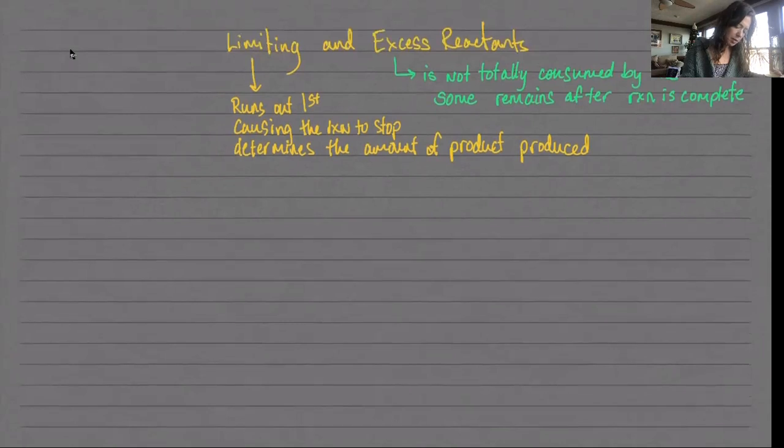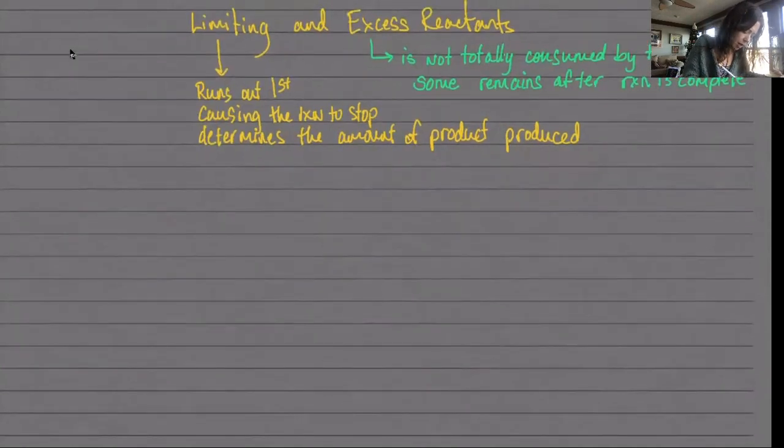So let's make up a scenario here. Let's say that we've got our good old friend, aluminum nitrate, reacting with, maybe we will react that with, how about some sodium carbonate, okay?